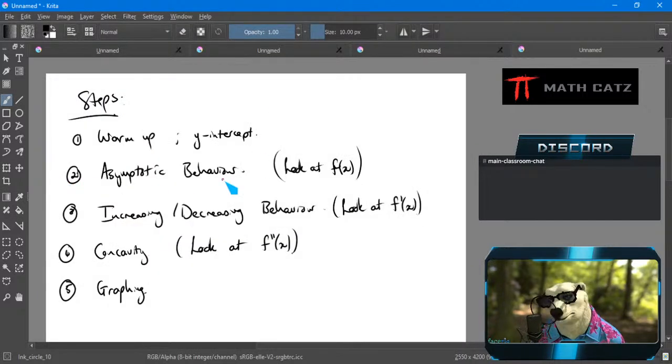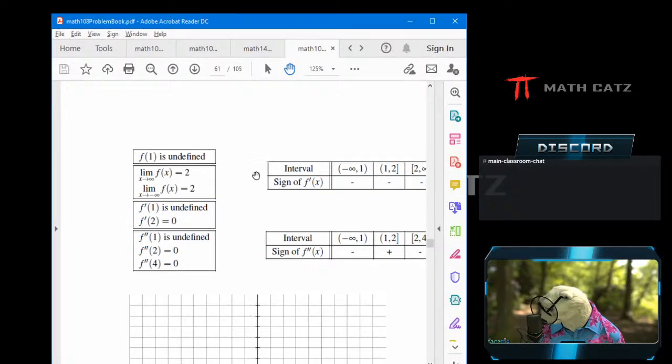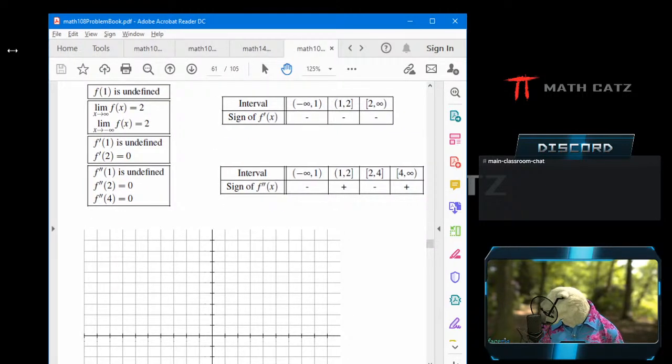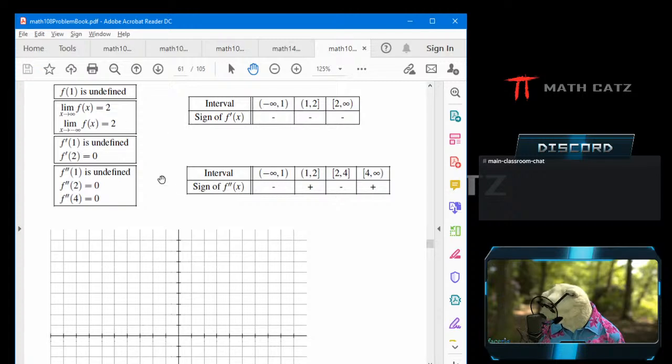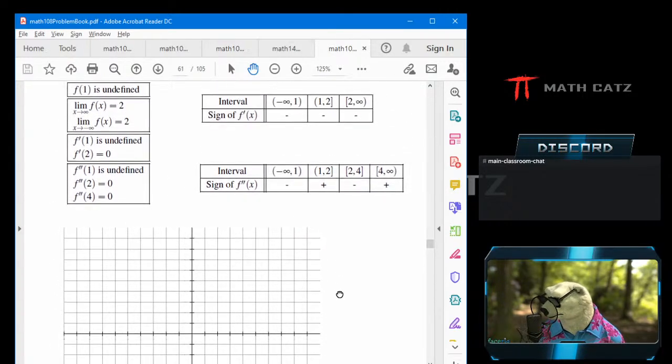There's going to be one question on step 2, one on step 3, one on step 4, and a question that's going to look like things like this, where I give you the key information. Can you put it together and have a rough idea of what the graph looks like, as if you did all this yourself?